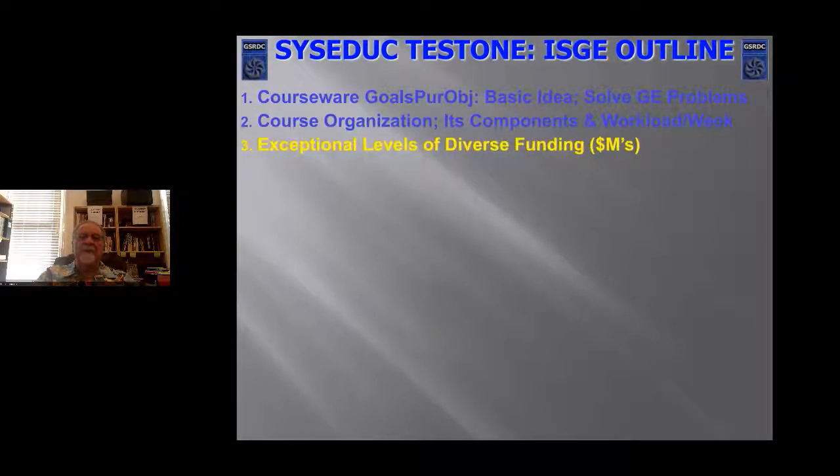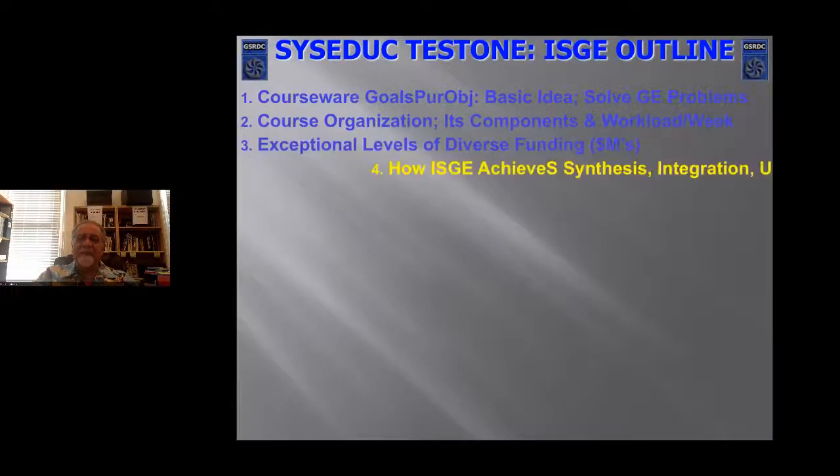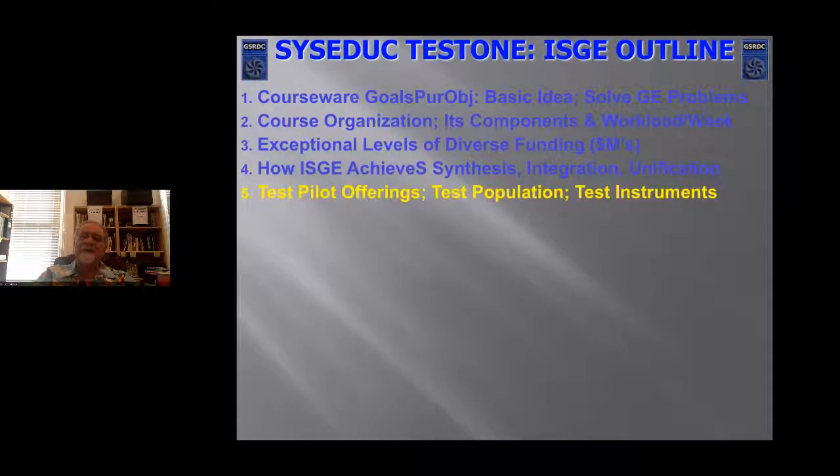The course organization, its components and workload per week, exceptional levels of diverse funding in the millions. And I might say I was the first one in ISSS to get large grants of millions of dollars for doing essentially system science. How ISGE achieves synthesis, integration, and unification, which should be of great interest to systems people, because that's what they do too.